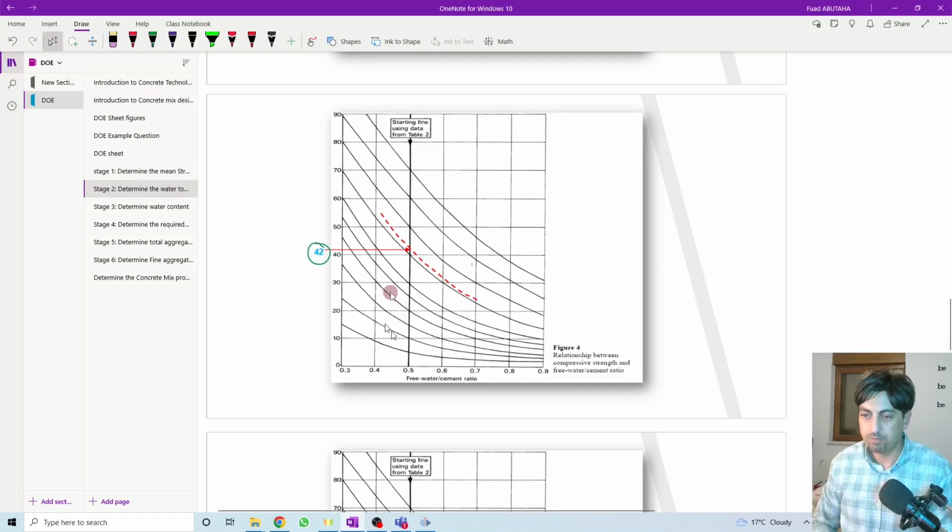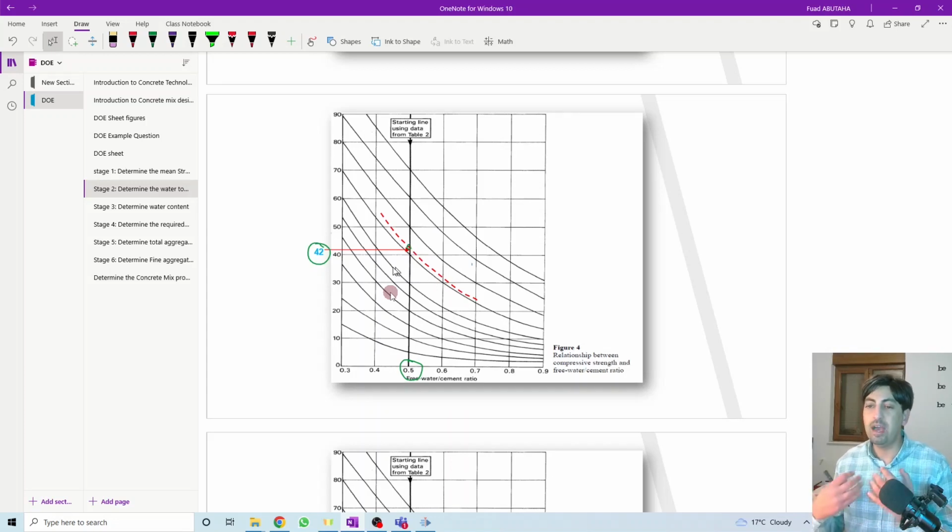And this line will be our reference. We will start using only this line.